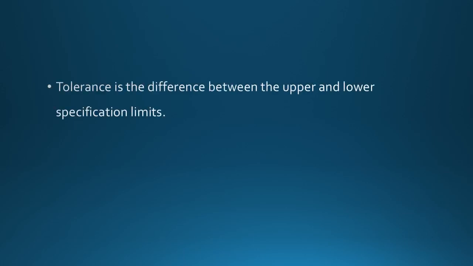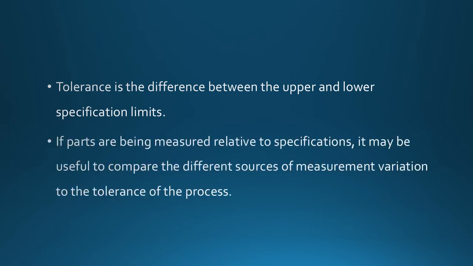So let's review. Tolerance is the difference between the upper and lower specification limits for the parts being produced. It might be useful to compare the different sources of measurement variation to the tolerance of the process.